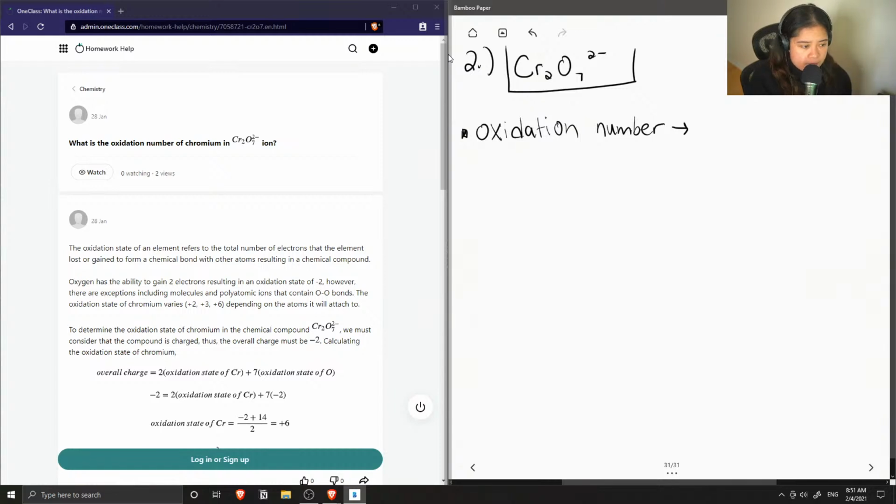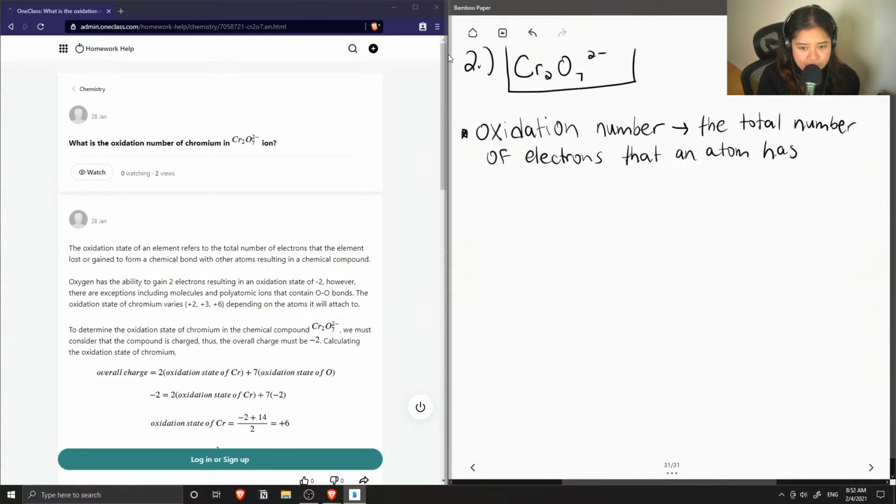The oxidation number is the total number of electrons that an atom has lost or gained to form a chemical bond.